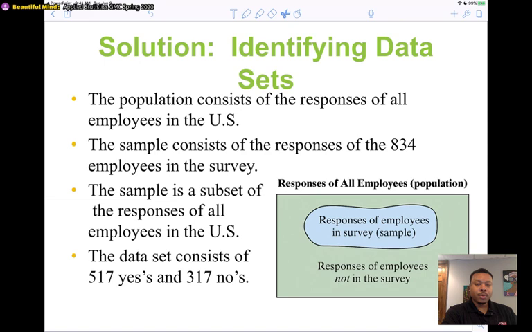The population consists of responses of all employees of the U.S. The sample consists of the 834 employees in the survey. The sample is a subset of all the employees of the U.S. The data consists of 517 yeses and 317 nos.